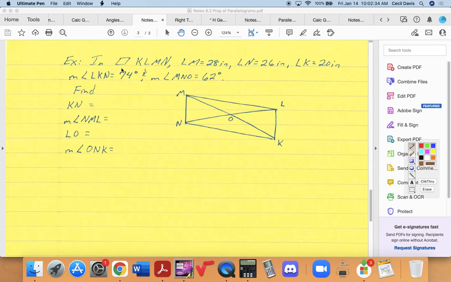That's important, otherwise I can't do anything with the problem. Then LM is 28. LN is 26. There's really not a good way to put that on the diagram, is there? Because of that, I'm going to circle it so that I don't forget it. And LK is 20.